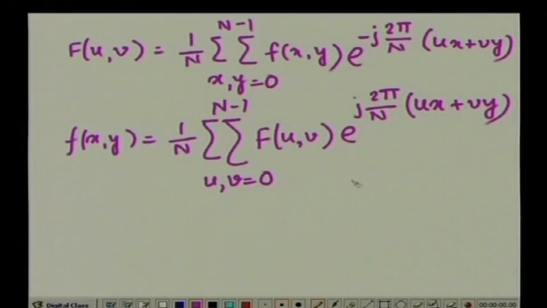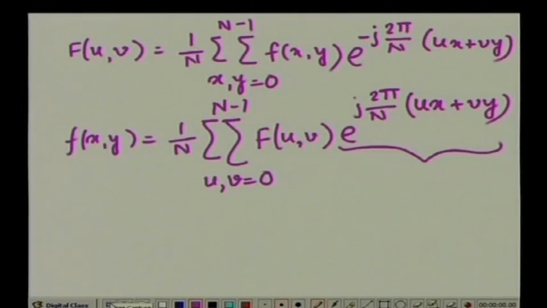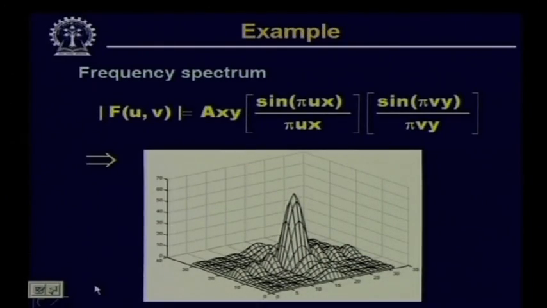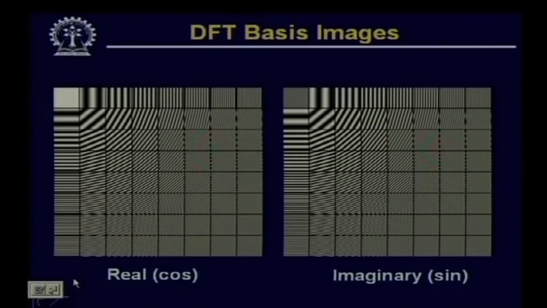And as we have discussed earlier, e to the power j 2 pi by N (ux plus vy) is what we have called the basis images. This we discussed when we talked about the unitary transformation, and we have shown that these basis images will be like this.